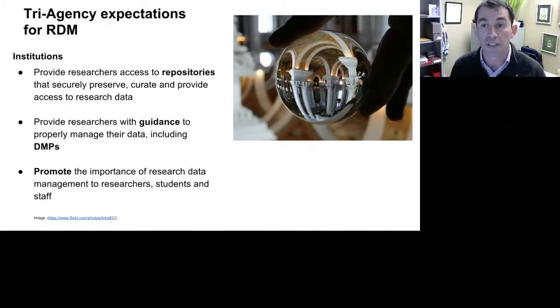That's why we are talking about Dataverse today, because it's a repository that allows you to curate and provide data. You also need to provide researchers with guidance on how to manage their data, and promote the importance of research data to all our stakeholders, researchers, students, and staff. So UBC has done lots of work in all those areas, so I'm happy to share it.